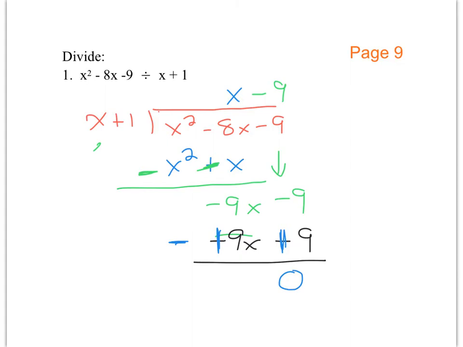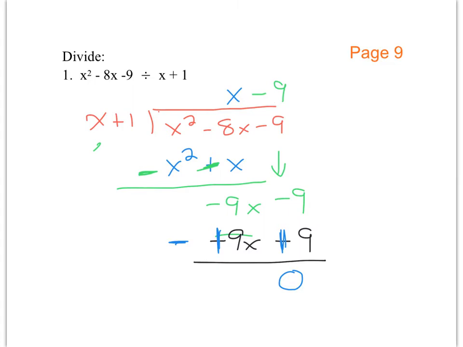So now, folks, we know that x plus 1 goes in evenly into x squared minus 8x minus 9. It goes in evenly, therefore x plus 1 is a factor of x squared minus 8x minus 9 because the remainder was 0. And of course, my quotient is x minus 9.